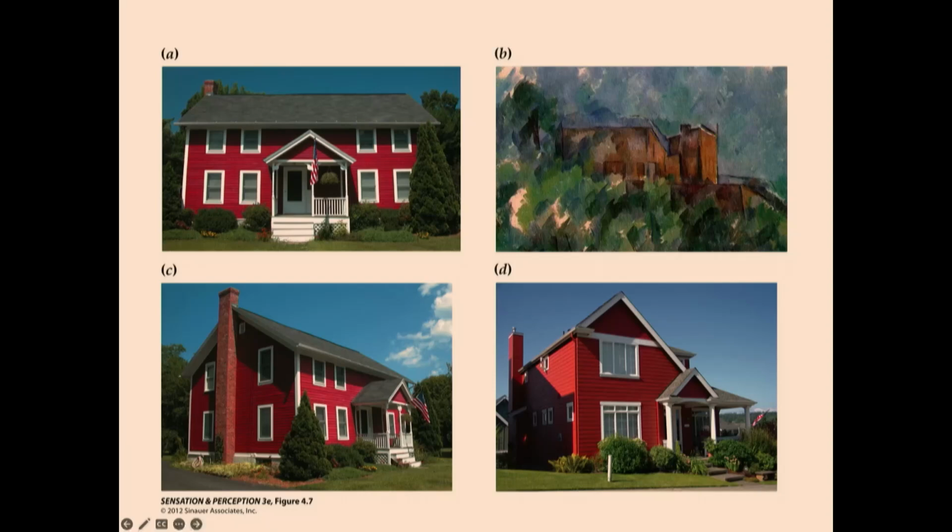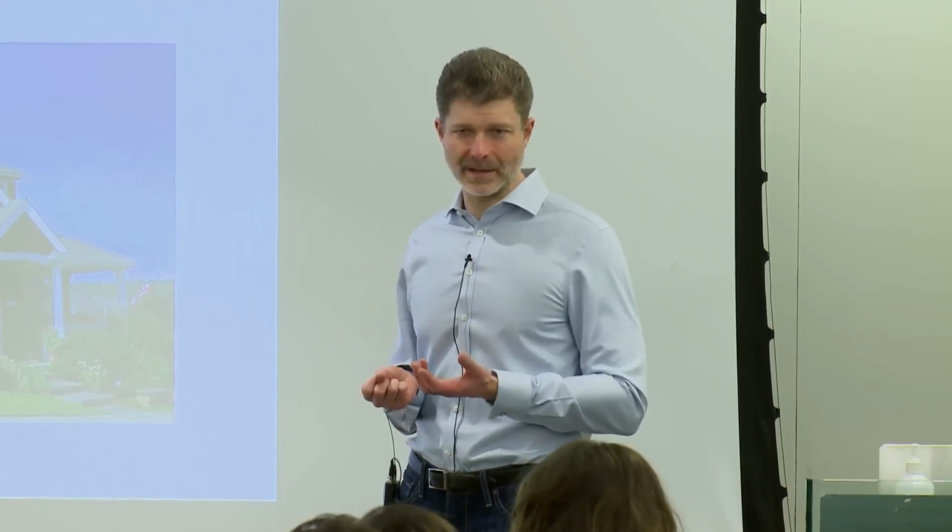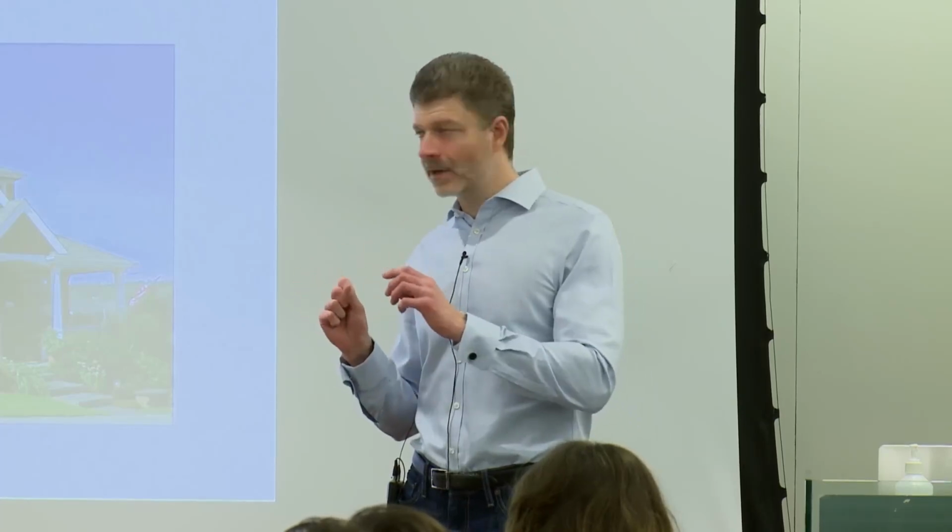A lot of times, one of the other things that you often see signs of as you move more deeply into sensory systems is that the responses become more invariant. And remember, at the very start of the course, we talked about one of the challenges of recognition tasks. One of the things our sensory systems are good for is helping us recognize things. And one of the challenges of recognition tasks is that different images or different sounds of the same thing in the world can often physically be really different, right?